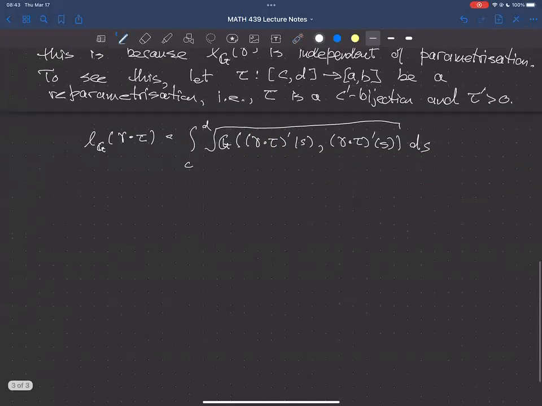So when you apply the chain rule, you're going to get gamma prime composed with tau prime.